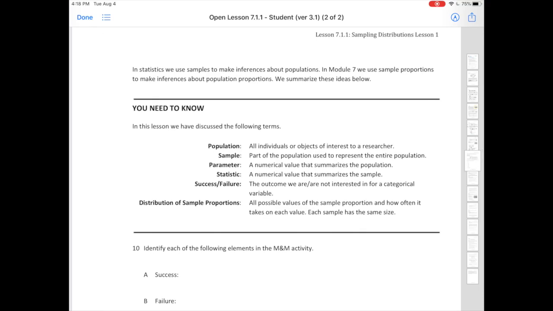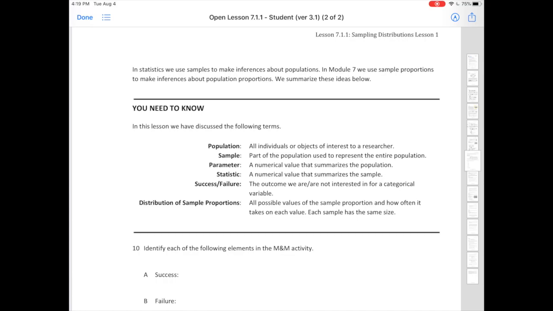In statistics, we use samples to make inferences about populations. In Module 7, we use sample proportions to make inferences about population proportions. We summarize these ideas below. So these are all the terms that we have discussed in this lesson so far. The population is all individuals or objects of interest to a researcher. The sample would be part of the population used to represent the entire population.